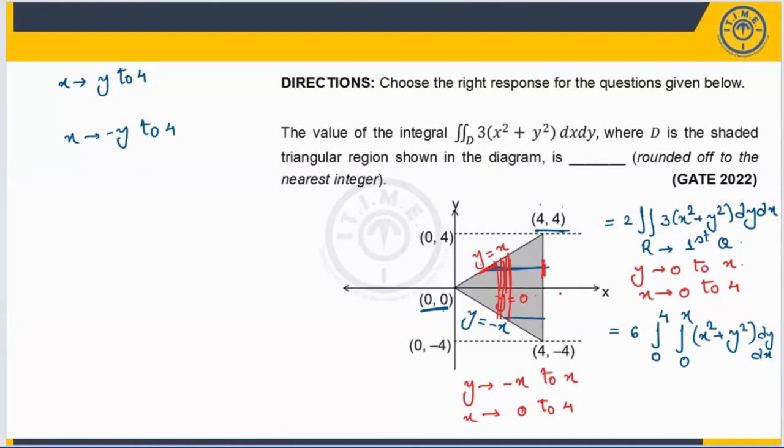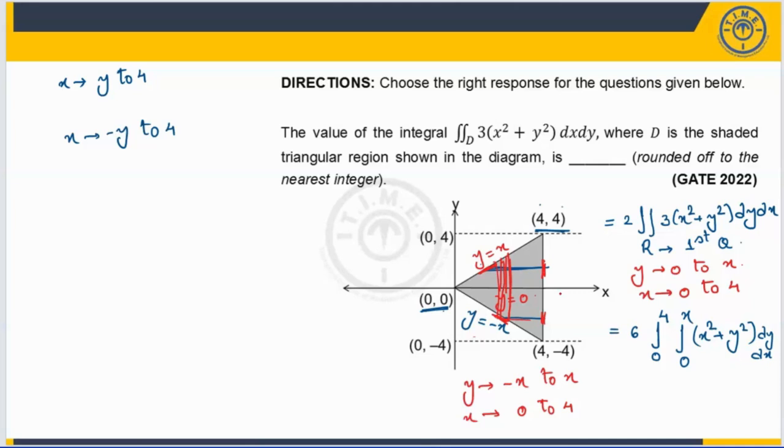Now, if I'm taking the horizontal strip here, x is starting on negative y and ending on x equals 4. So for one region, you are getting two different strips. When you are getting two different strips for one region, the best way is to check where you are getting a single strip, where the strip is not changing throughout that region.